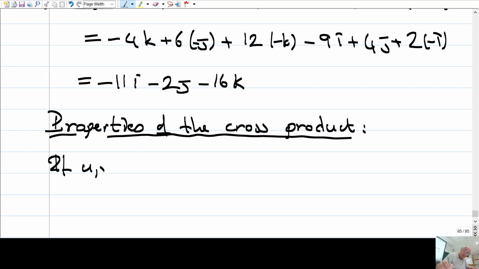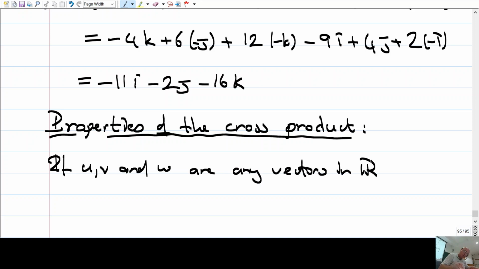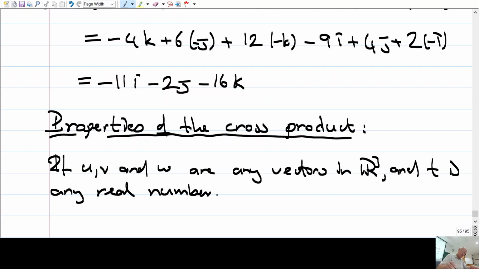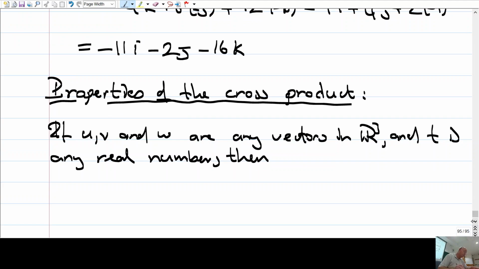If u, v, and w are any vectors in R3 and t is any real number, then we have the followings.